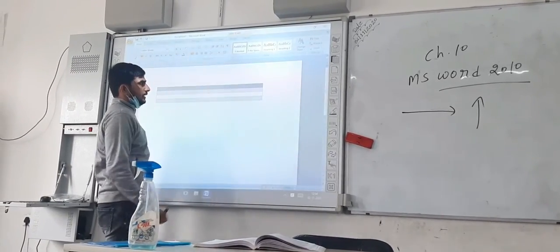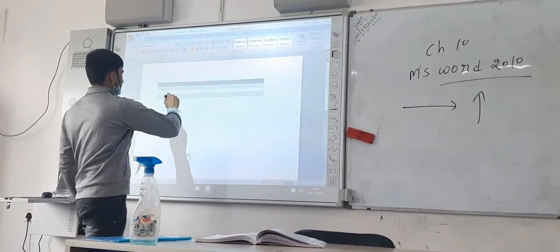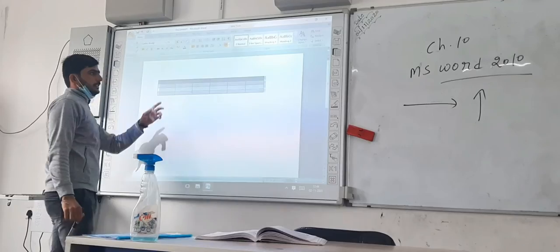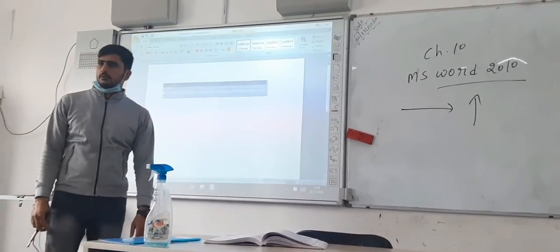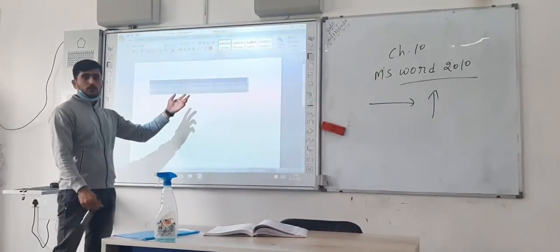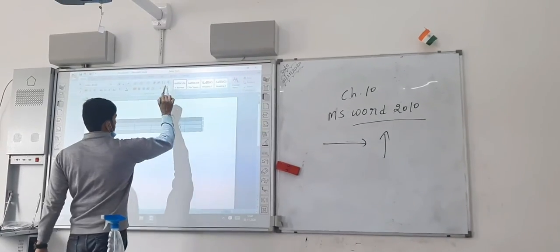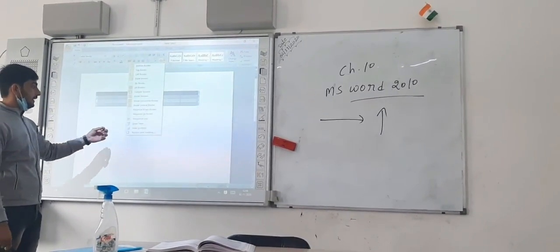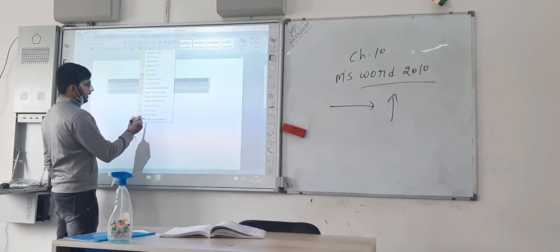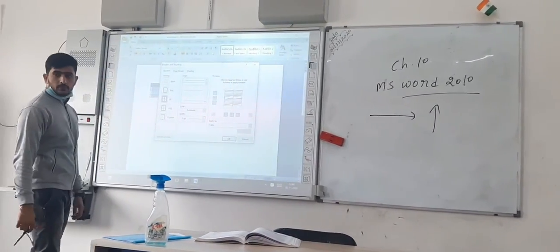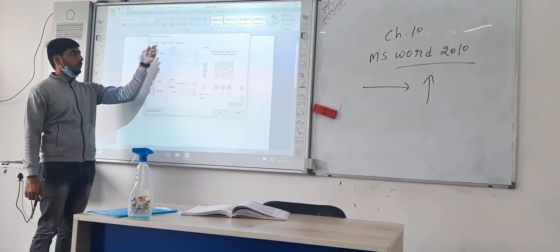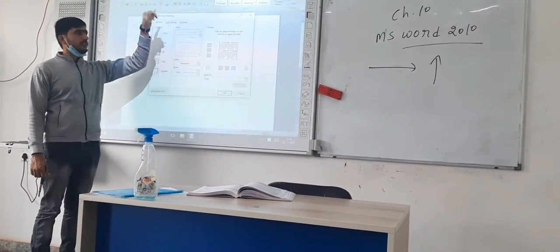If I want to add borders, first I need to select the table, then I will go to that option and you will see the borders applied. If you want to change the thickness, or increase the size of the border, then you have to go to Borders and Shading.